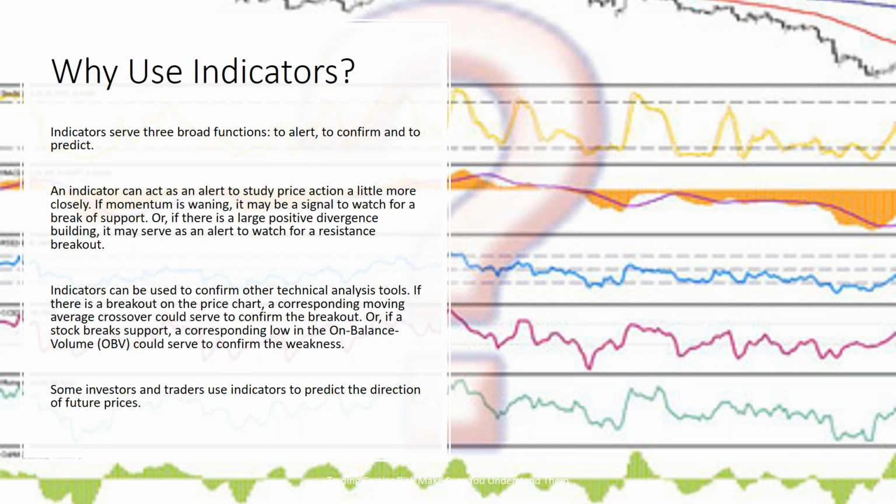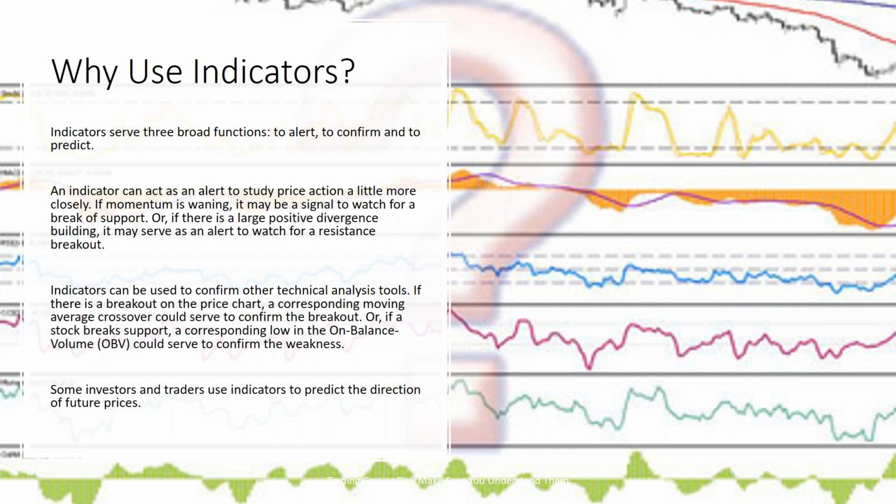It's saying, go look at your charts. Okay. If momentum is waning, it may be a signal to watch for a break of support. Or if there is a large positive divergence building, it may serve as an alert to watch for resistance. Indicators can be used to confirm other technical analysis tools.